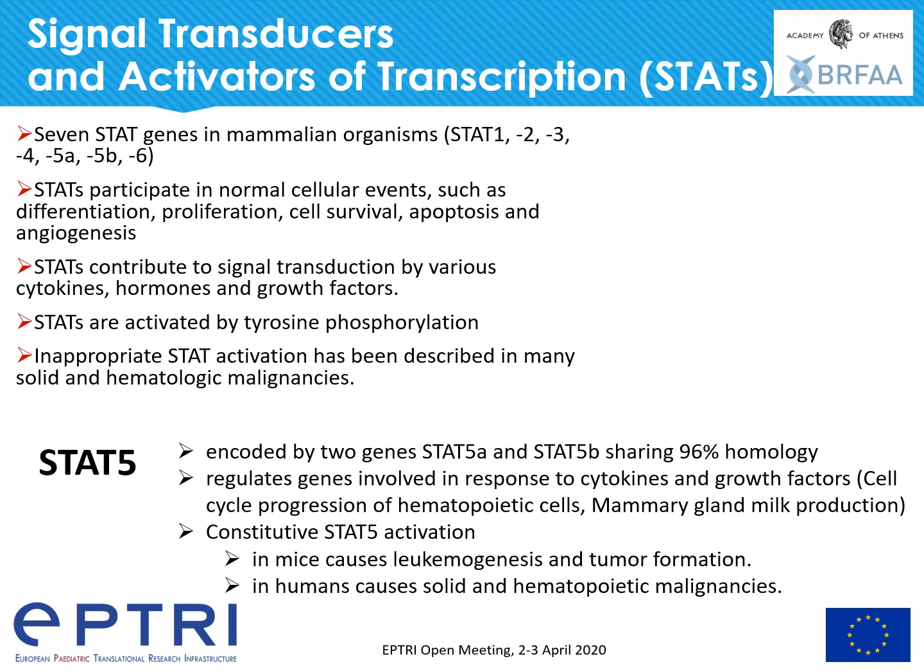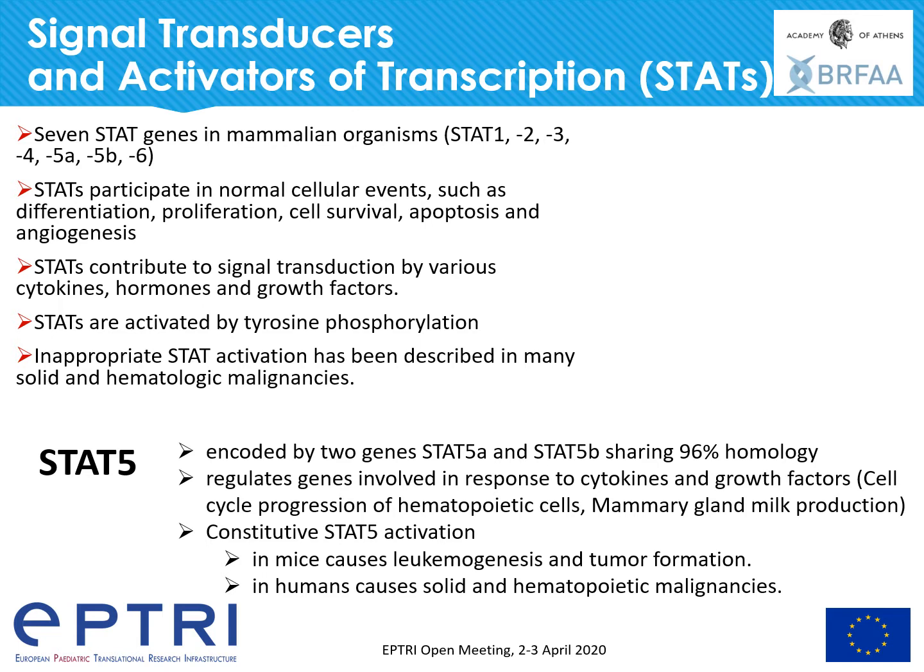The signal transducers and activators of transcription, STATs, are encoded by 7 STAT genes in mammalian organisms: STAT1, 2, 3, 4, 5A, 5B, and 6. STATs participate in normal cellular events such as differentiation, proliferation, cell survival, apoptosis, and angiogenesis.